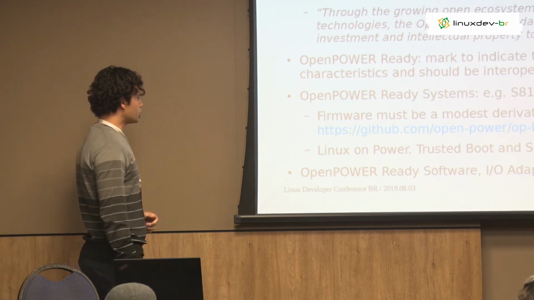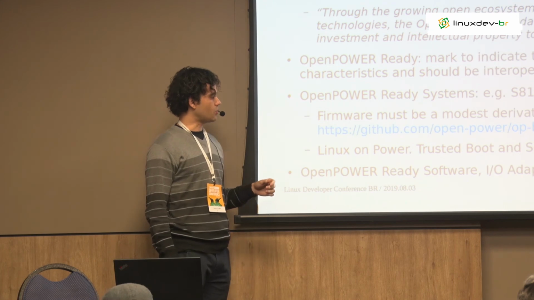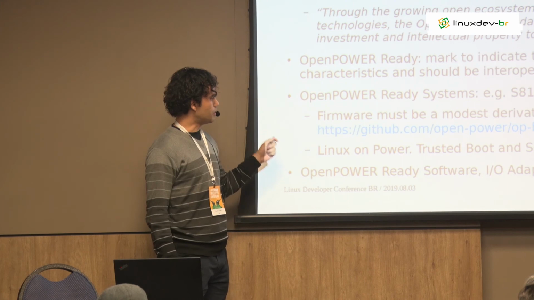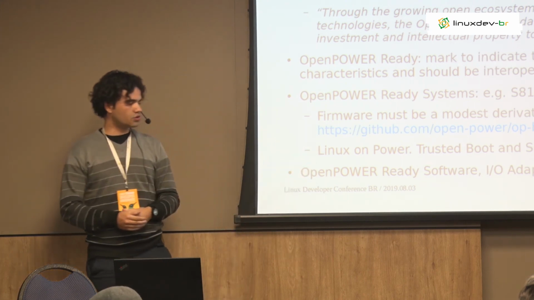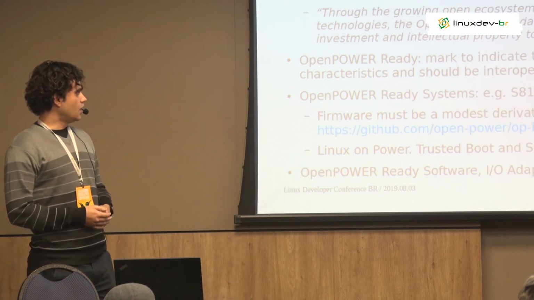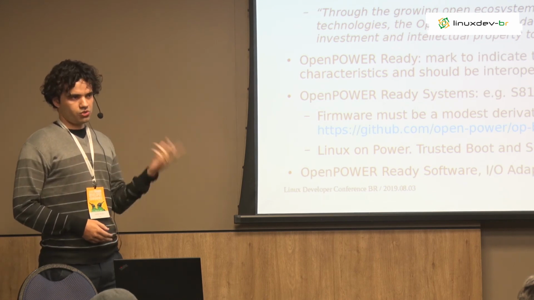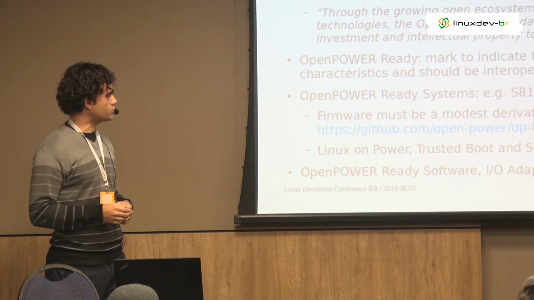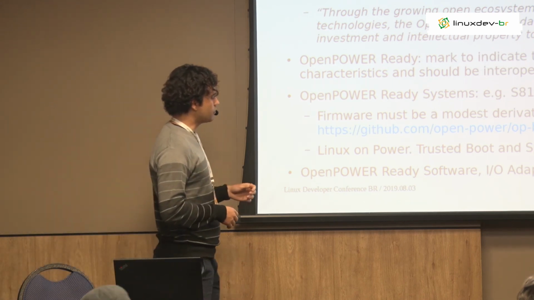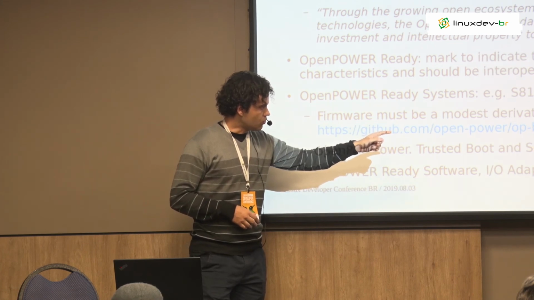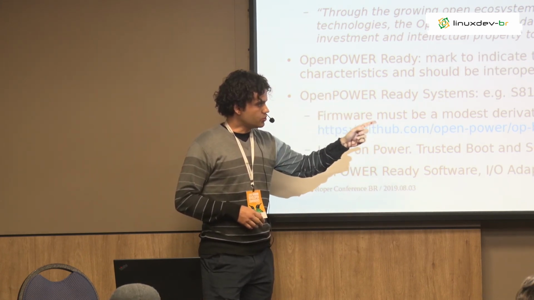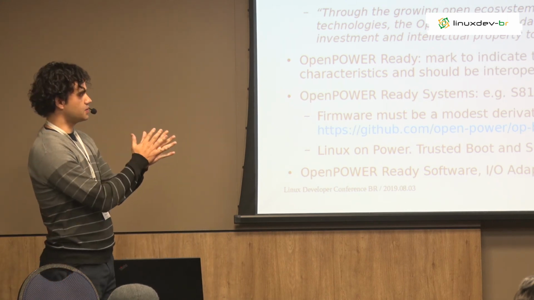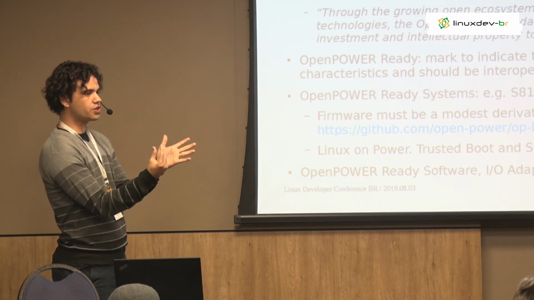But there is also other open source software that is executed in OpenPOWER systems. It runs Linux on Power. So we have KVM, and we also have other OpenPOWER open source software. One interesting thing of this system is there is also the Secure Boot OpenPOWER Ready, which is also a mark. It's something that comes on the front of the machine. It's a sticker.